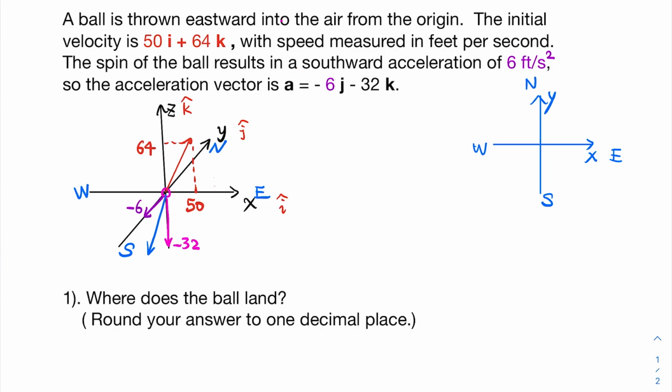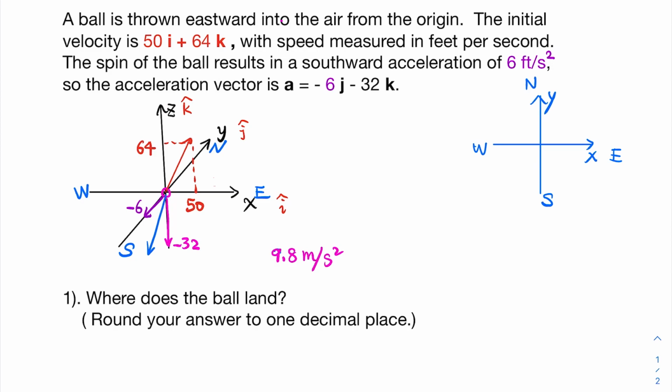Now notice that here it says that the acceleration southward is 6 feet per square second. Yes, indeed, in this direction it is 6 feet per square second. However, remember the gravitational force is also acting on the ball, so it has gravitational acceleration, in international units 9.8 meters per square second, and it is pointing downward, so it's the opposite of this z direction, the negative z direction.